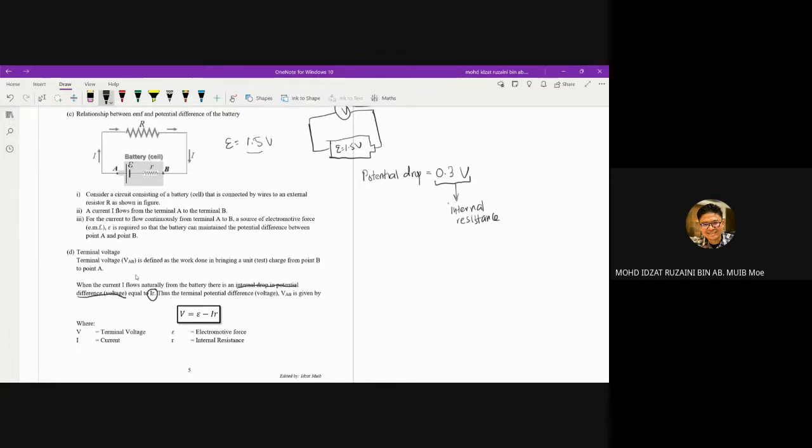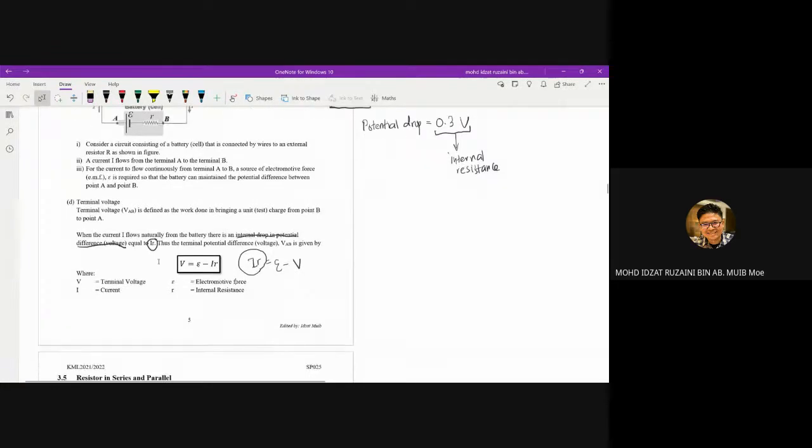V equal to EMF tolak IR. Kalau kamu susun balik, EMF tolak V equal to IR. Benda yang sama apa yang kamu tengok di atas ni. Kamu nak kira potential drop, kita panggil sebagai potential drop equal to EMF tolak V. So V equal to EMF minus IR.